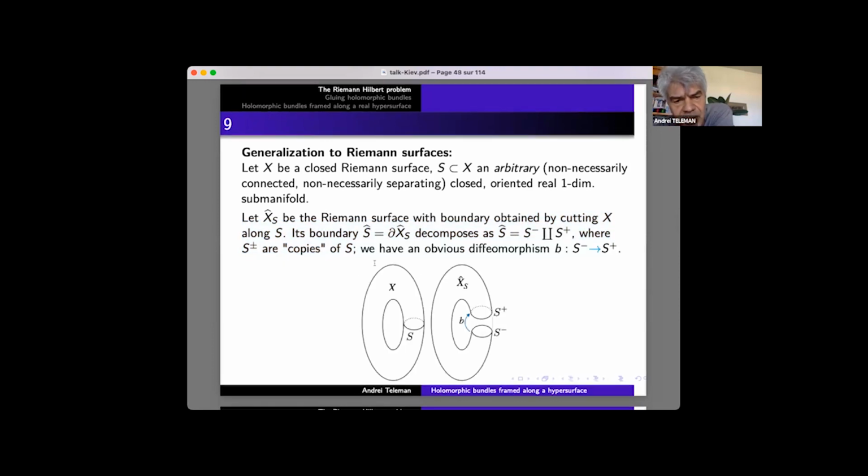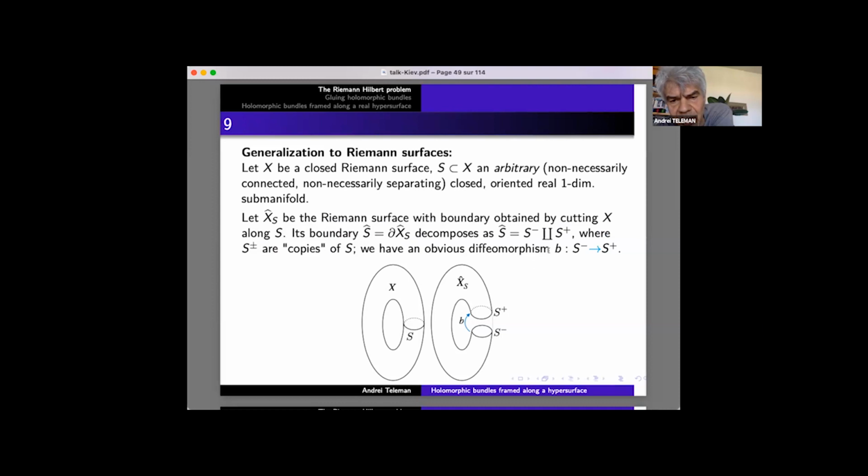So this example shows everything. This is a Riemann surface of genus 1. S is a curve like that. I cut X along S, and you see S doesn't separate X. What I get is a Riemann surface with boundary.